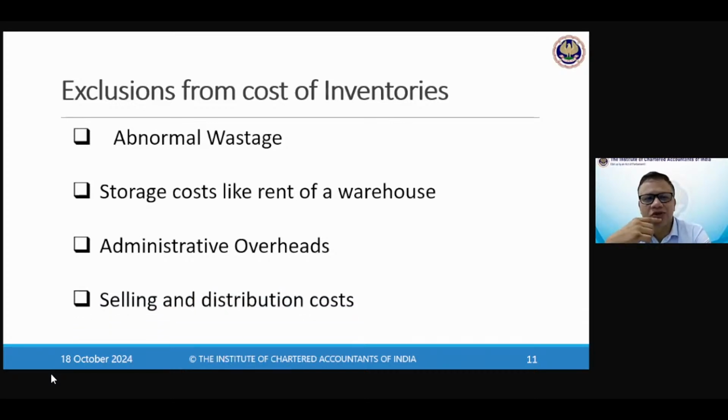Then selling and distribution cost, because once the inventory is produced and finished goods are there, you are trying to sell it and market it. That comes under marketing expenses, but these are never a part of the cost of inventories. So try to understand that these four are not a part of the cost of inventories. We have to keep these things in mind.